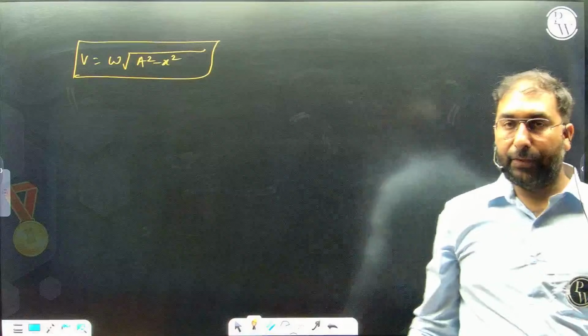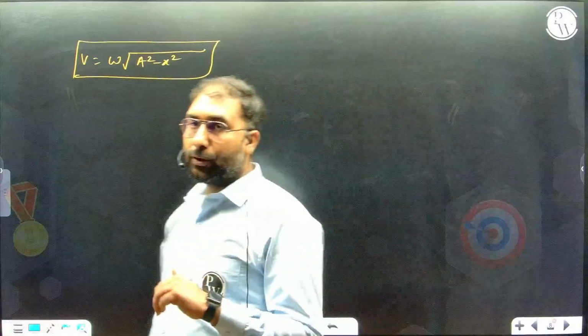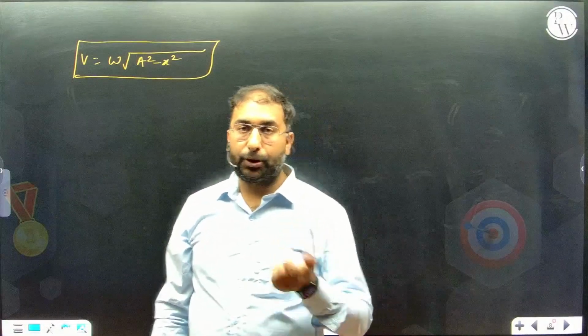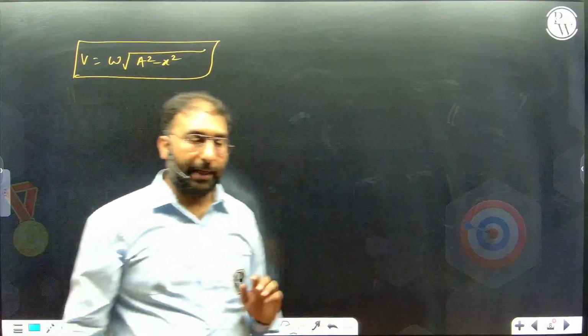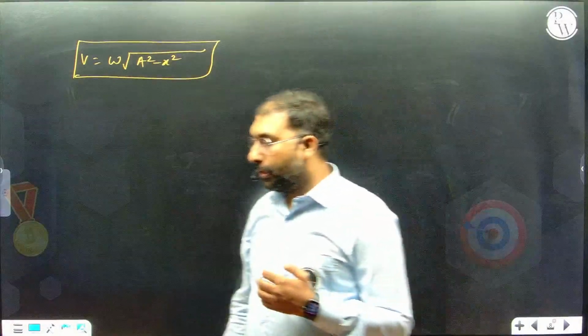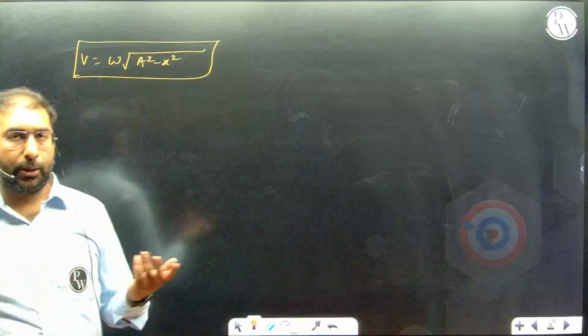So velocity is a function of time, velocity is a function of position, acceleration is a function of time, acceleration is a function of position, and displacement is a function of time. So these 4 plus 1, 5 equations are very important, and by using these 5 equations we can calculate so many things.